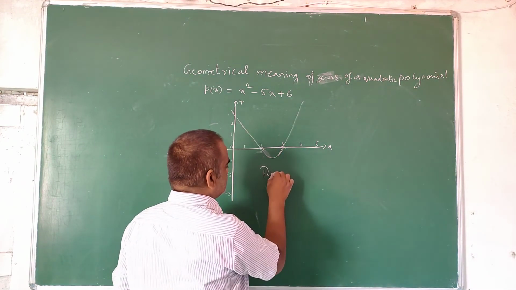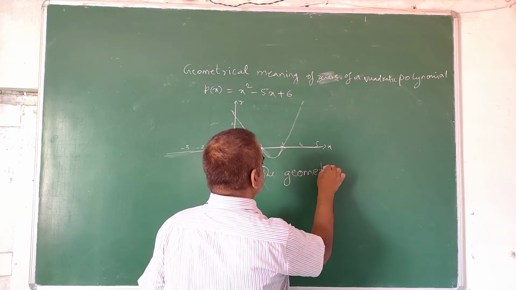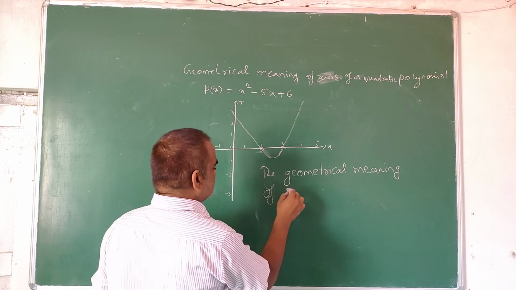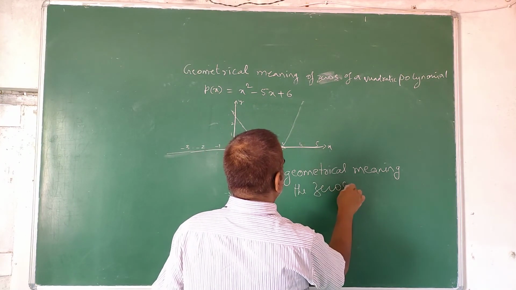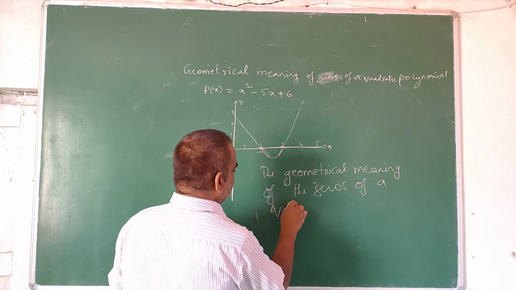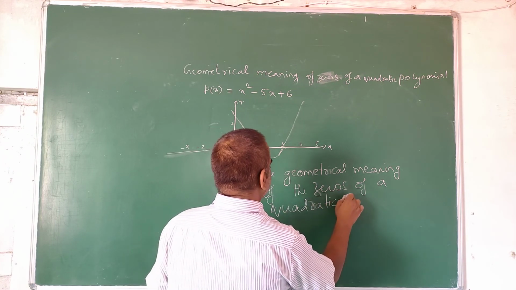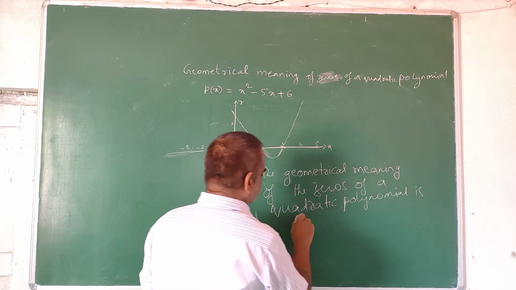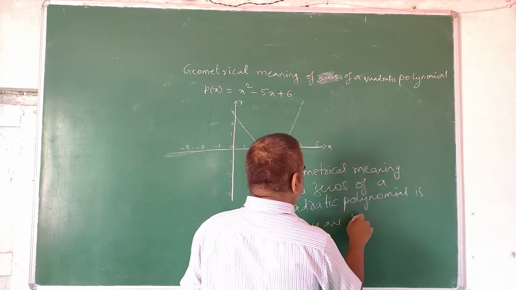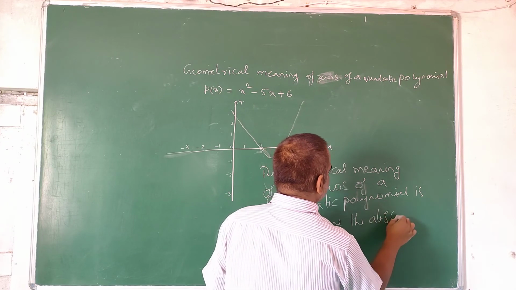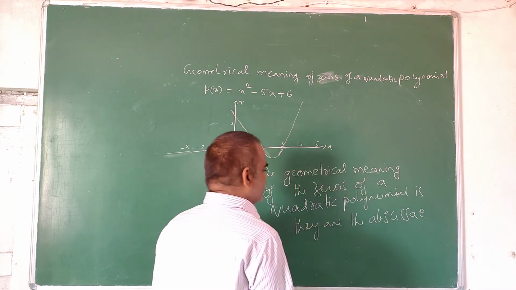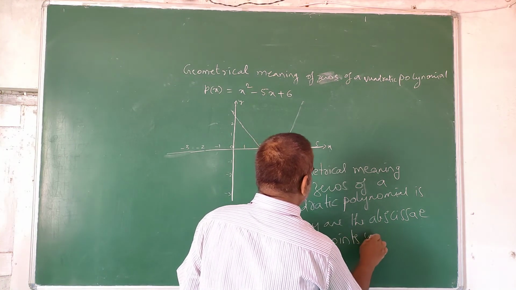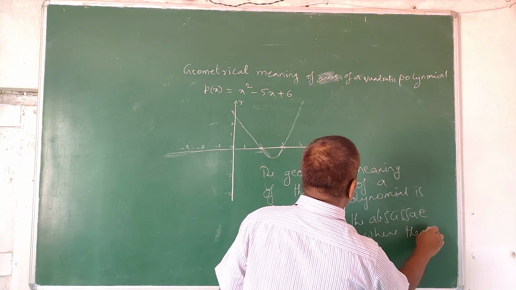So the geometrical meaning of the zeros of a quadratic polynomial is, they are the abscissae of the points where the graph meets the x-axis.